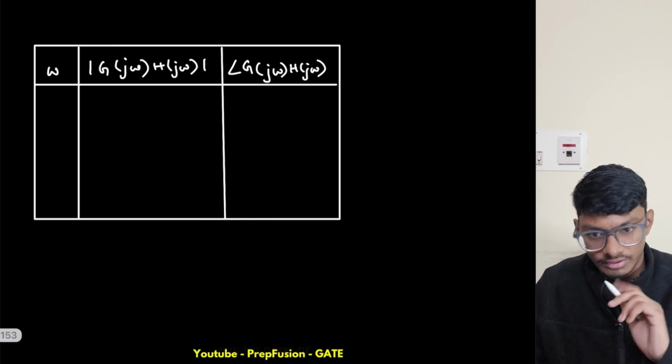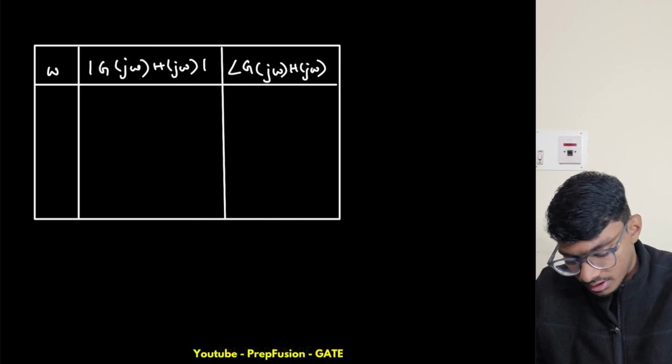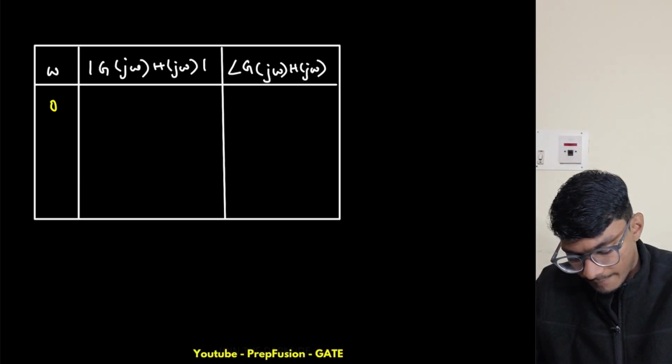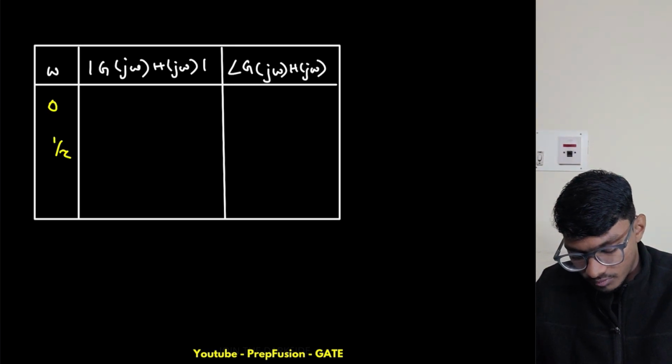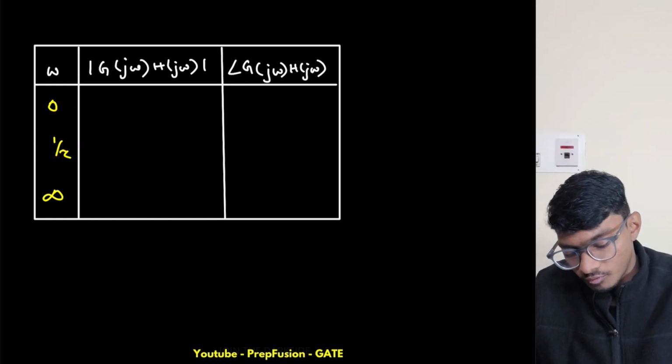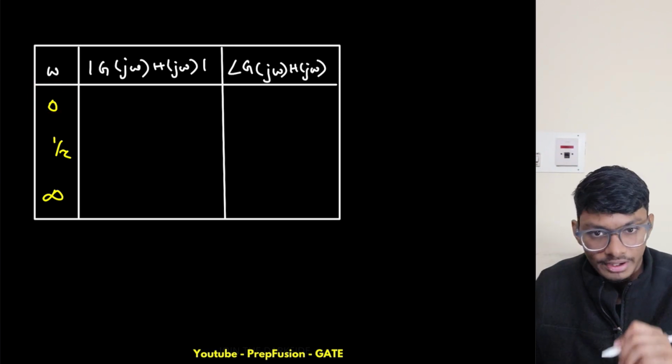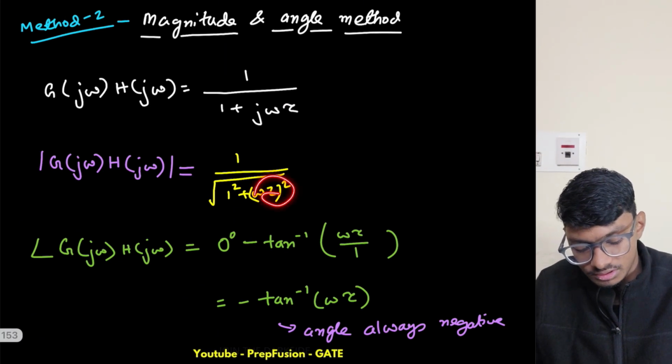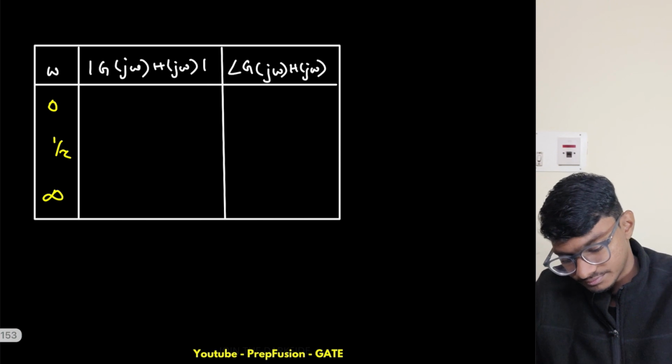So I will take that as my third point. I will take omega as 0, then from 0 go to 1 by tau, then from 1 by tau go to infinity, to approximate it in a better manner. What is my magnitude at omega equals 0? If I put omega equals 0 here, this is 1 by 1 square, which is 1 itself.